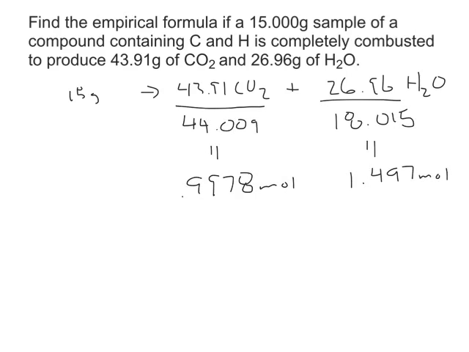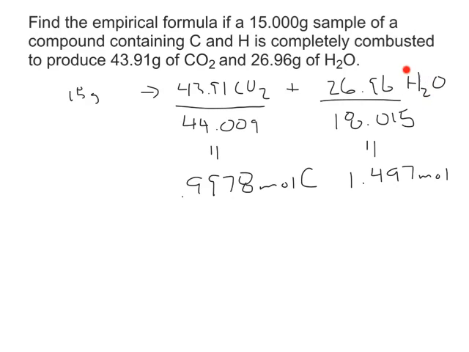So again, kind of like an empirical formula problem, I'm going to be pretty careful with my sig figs because I could run into rounding issues like you saw in the previous video. So I've got 4 sig figs, so I'm going to use 4 sig figs in my process. Alright, so at this point, if I have 0.9978 moles of CO2, that means I have 0.9978 moles of carbon because there's 1 carbon in the CO2.